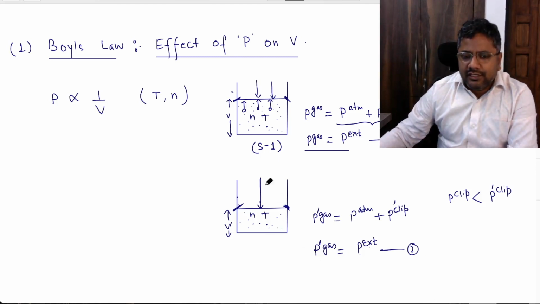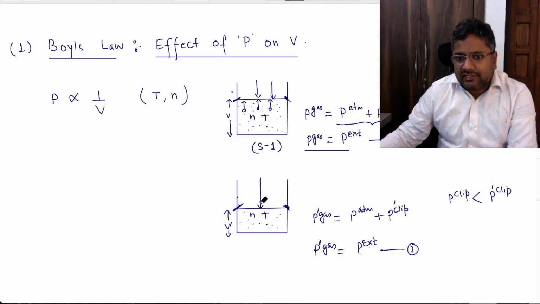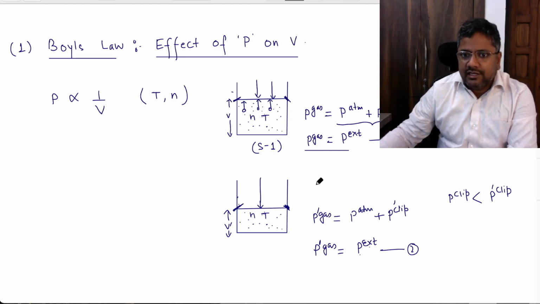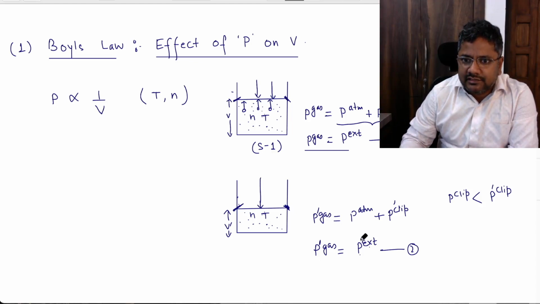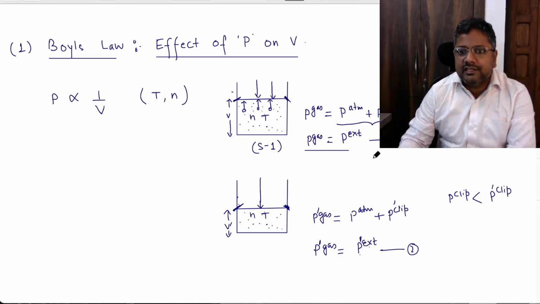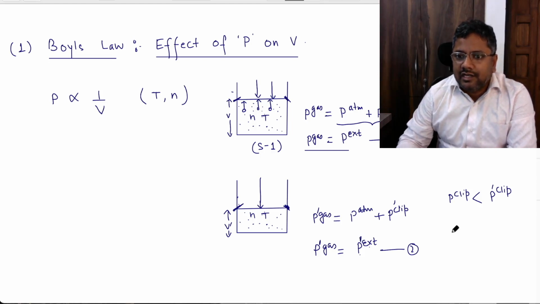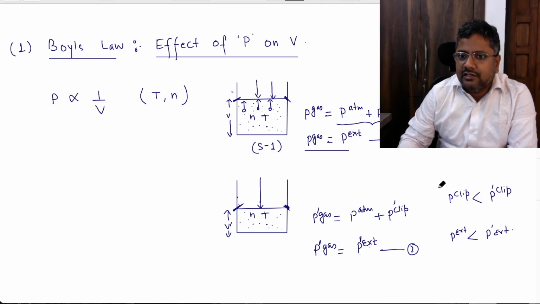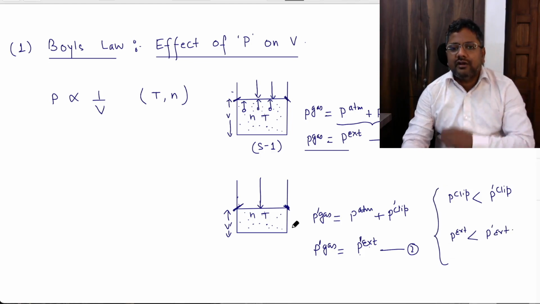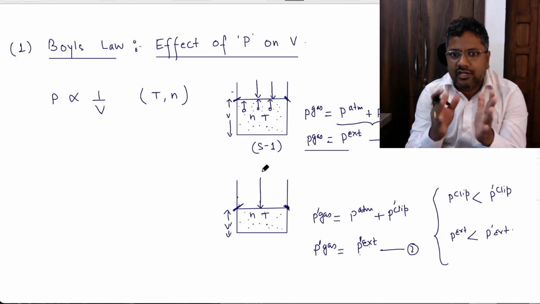So when you increase the external pressure from outside, this is P dash external and this is P external, and P external is less than P dash external, right? So hopefully all of you are clear in this whole demonstration.